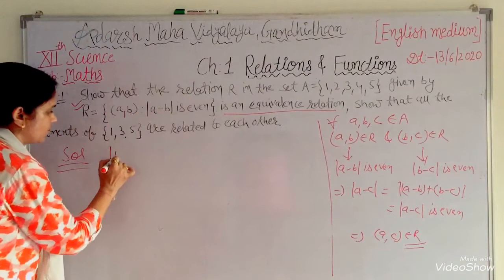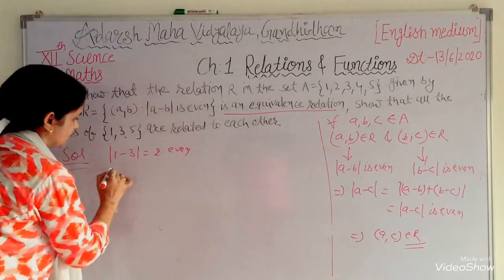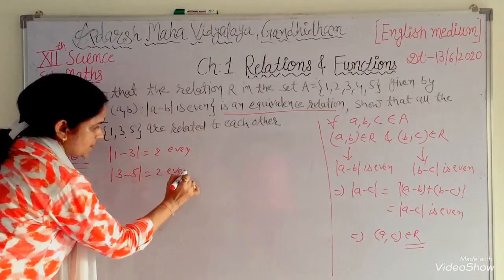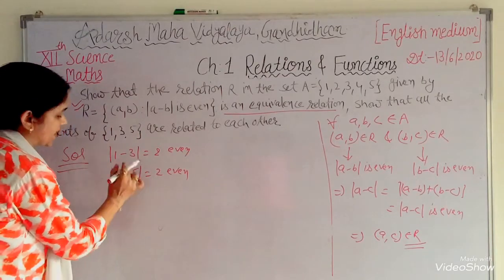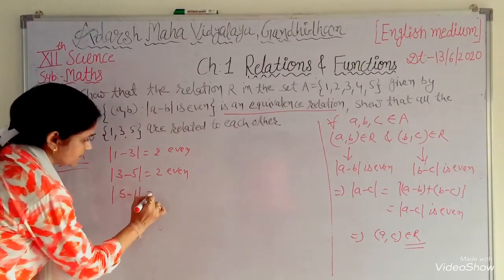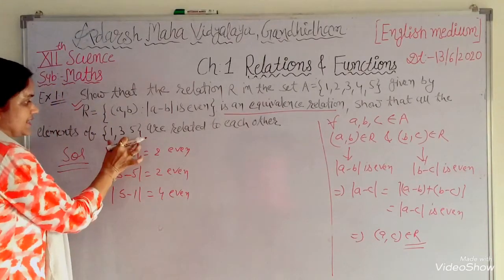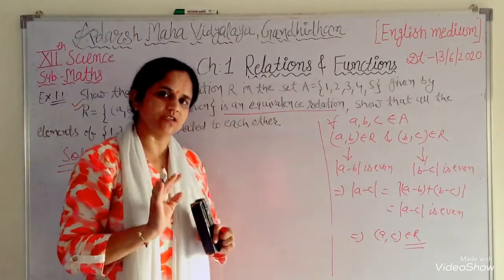Okay. So, 1 minus 3, 2, an even number. Okay. 3 minus 5, 2, it's also even. 1 relates to 3, 3 relates to 5. 5 minus 1, 4, it's also even. Hence, we can say that all three elements are related to each other.